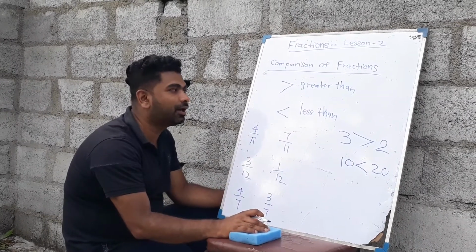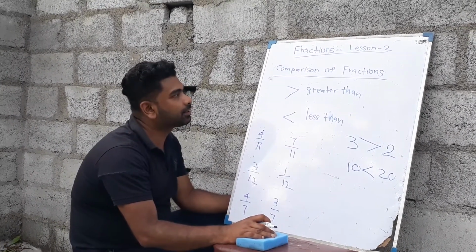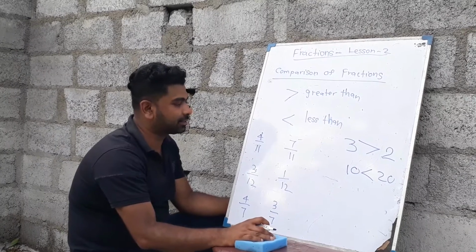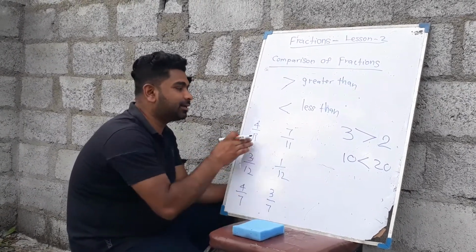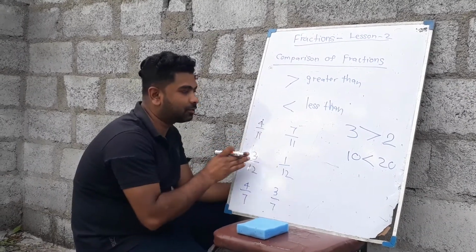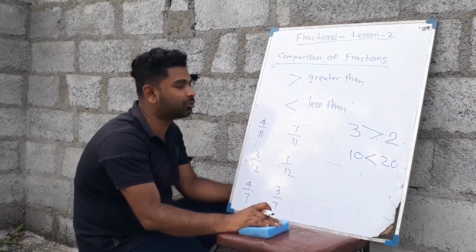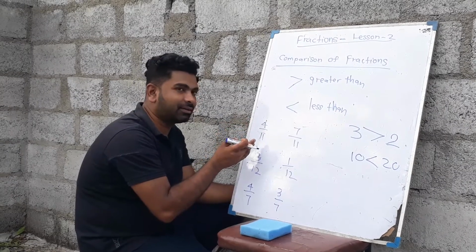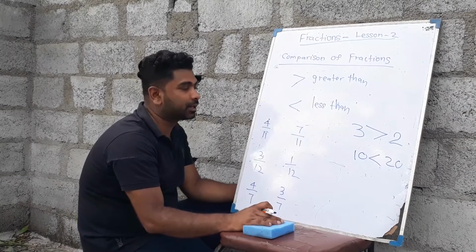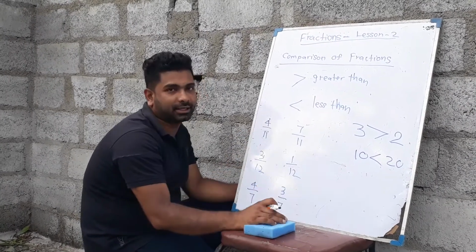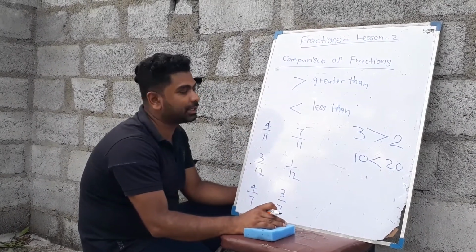So how do you compare these fractions? In this first set you realize that the denominators of the given two fractions are equal. 4 11ths, 7 11ths. So you can see 11 and 11 here. So the denominator is equal.